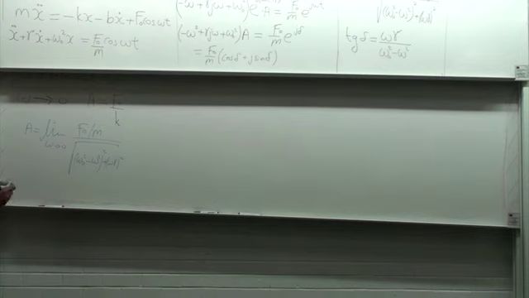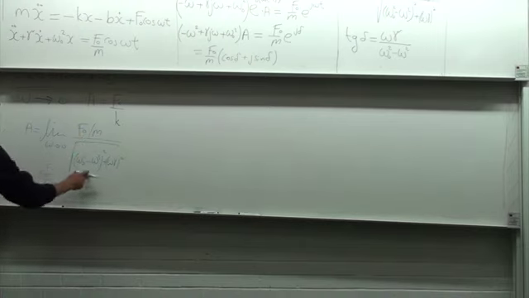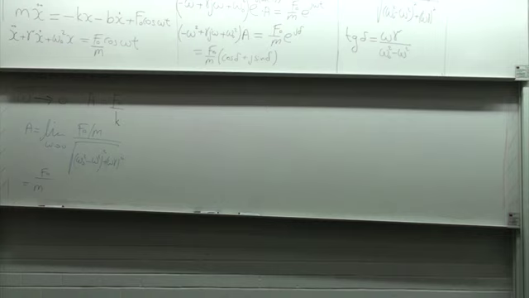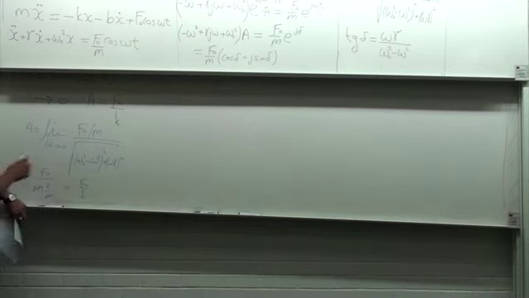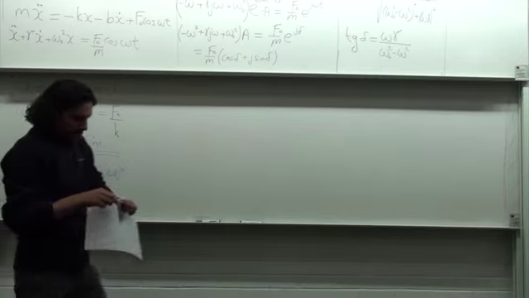So we end up with F0 over M, and here we have omega 0 squared, which is simply K over M, and this is what we get, F0 over K. Exactly what we predicted here.